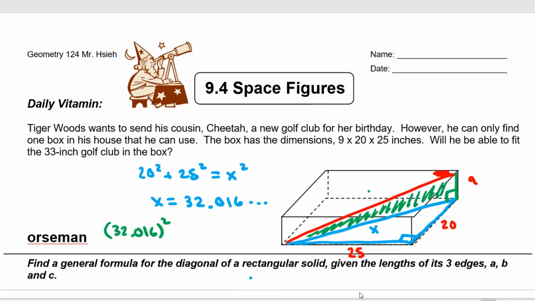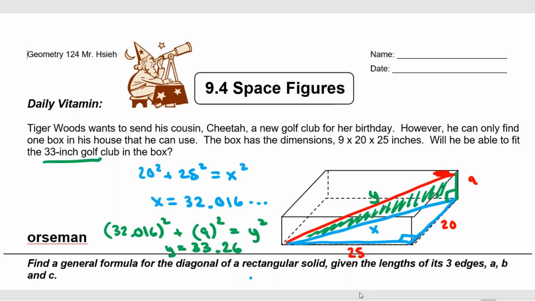Let's call this y. And then it's going to be 9 squared equals y squared. And then I can solve for y. Y will end up being equal to 33.26. So the question here is, does a 33-inch golf club fit in there? And it looks like it just barely fits into this box.